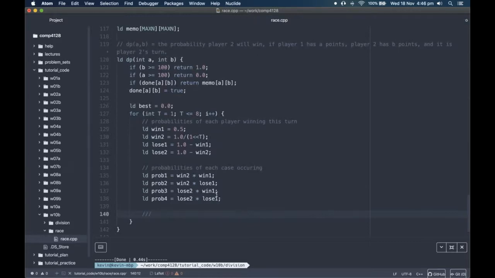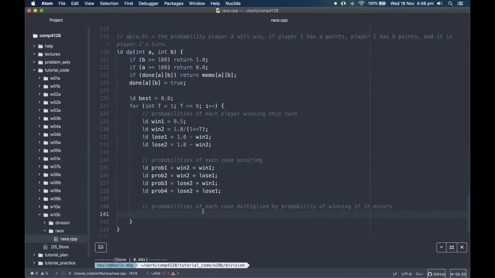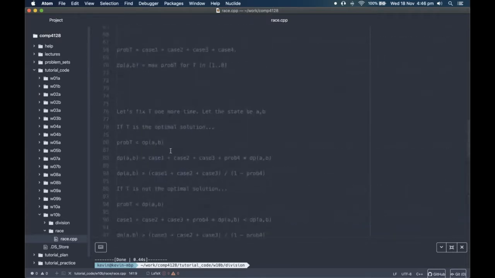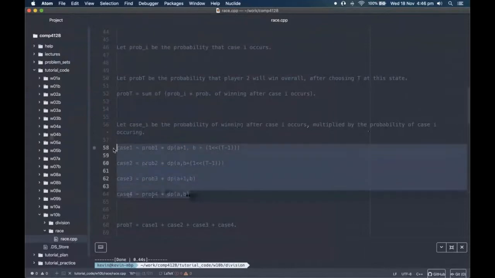For the probabilities, we calculate case 1 to case 3: the probability of each case multiplied by the probability of winning if it occurs. I think we wrote it up here, so I'll just copy paste this.